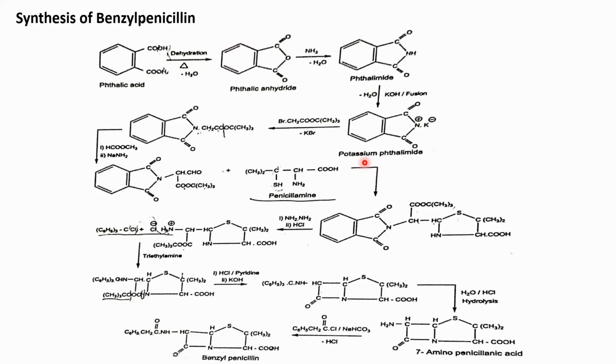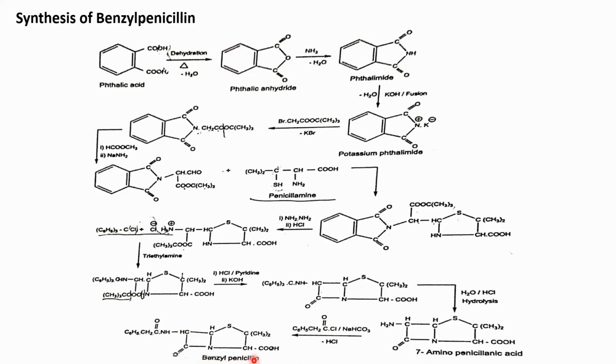In this way you can write the synthesis of benzyl penicillin, although it is a very lengthy synthesis. But if you want to score good marks in medicinal chemistry, then obviously you have to write this complete synthesis. In case you are not able to memorize such a long synthesis, then you can write from this step. Here it is fused with penicillinamide, so that at the end you will get benzyl penicillin.